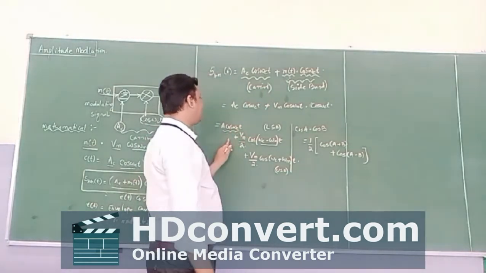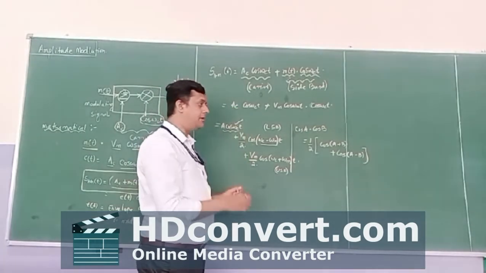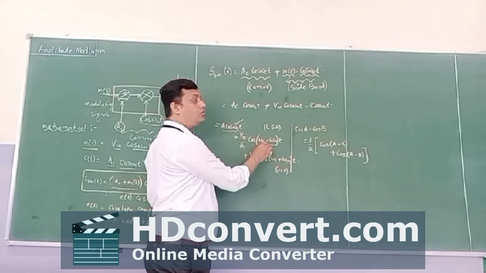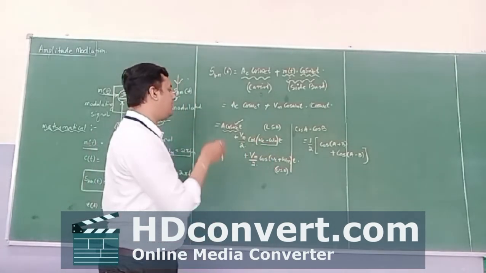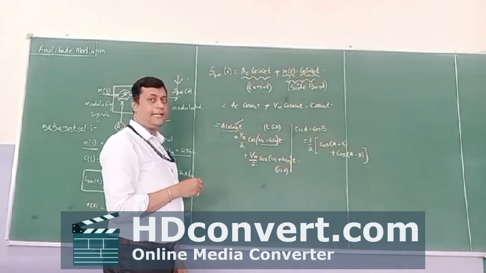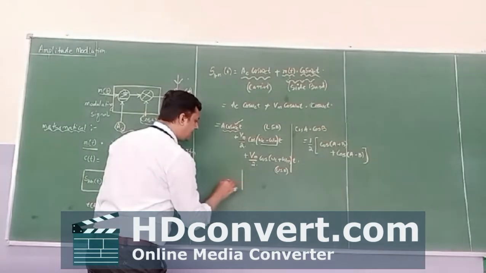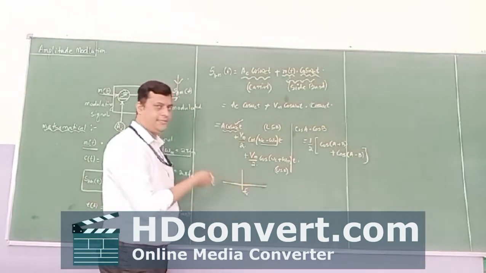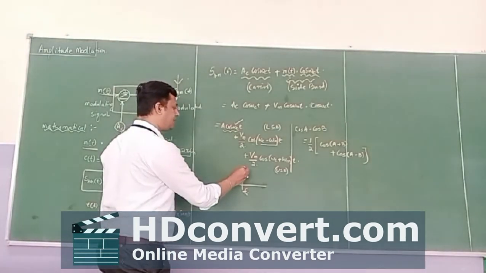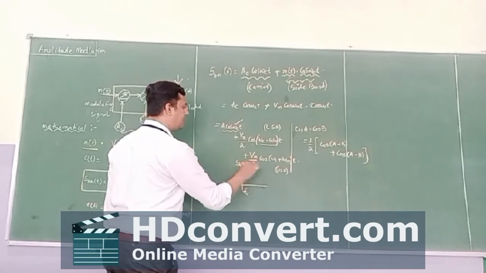This is my carrier frequency component, and these are my two sidebands whose amplitude is V_m by 2. Now this particular relation indicates that if I want to represent this, your center frequency is f_c. Let us consider like this. For this particular representation of S_AM, I will derive all these things.